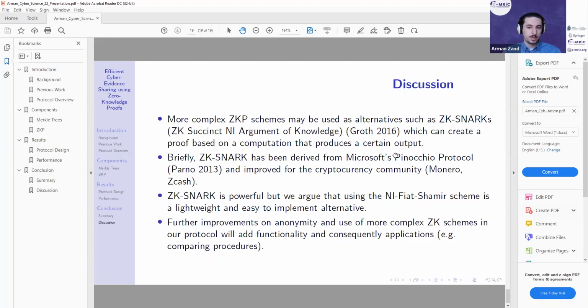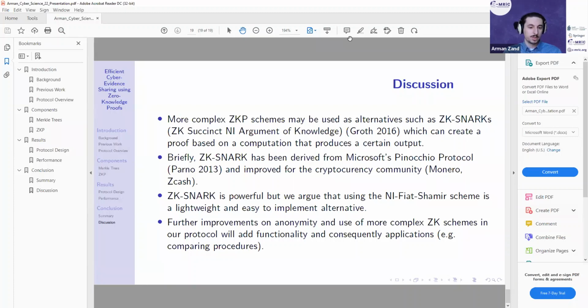And originally that was derived from Microsoft's Pinocchio protocol at Microsoft Research, and was taken and improved by the cryptocurrency community, which, for example, Monero and Zcash, they use for making their cryptocurrency more privacy orientated. It's a powerful scheme, but we argue that it's a bit complex, and that the non-interactive Fiat-Shamir scheme is lightweight and easy to implement.